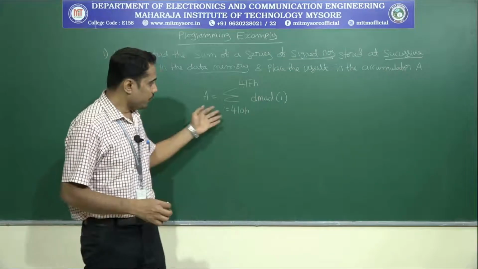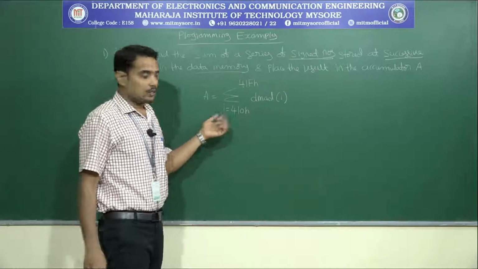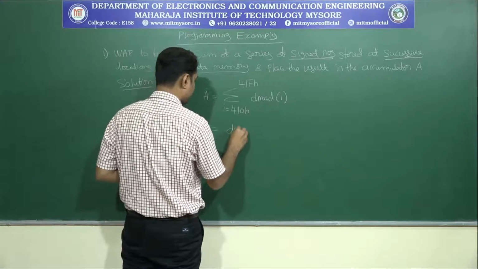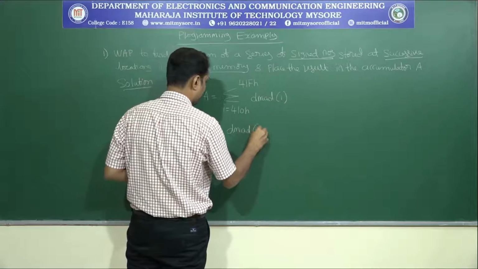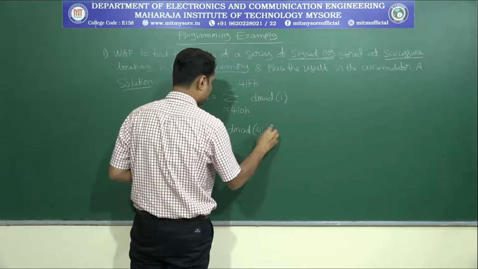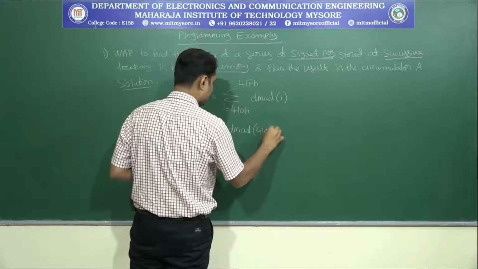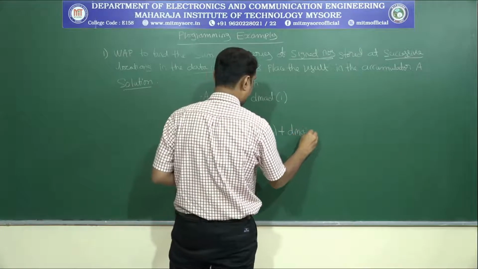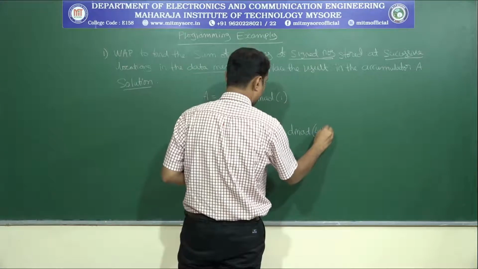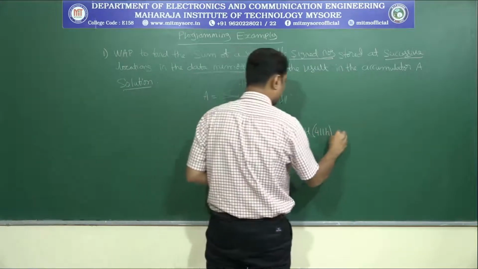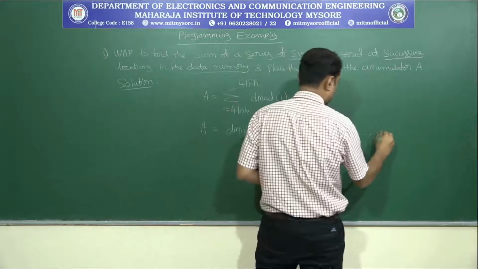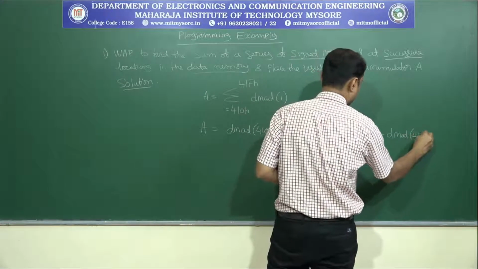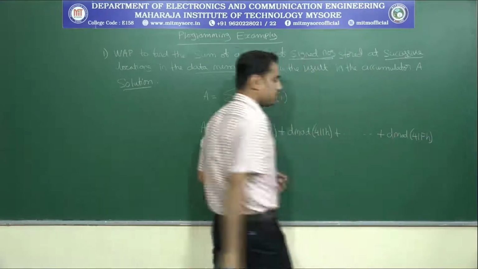If I further expand this expression, I get A is equal to DMAD of 410H plus DMAD of 411H, and so on up to DMAD of 41FH.